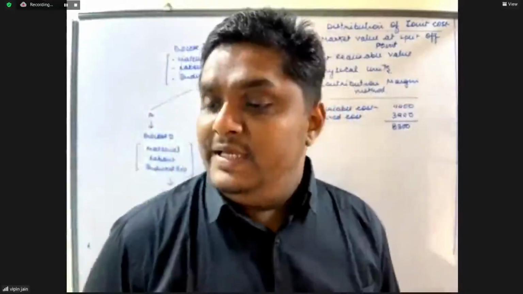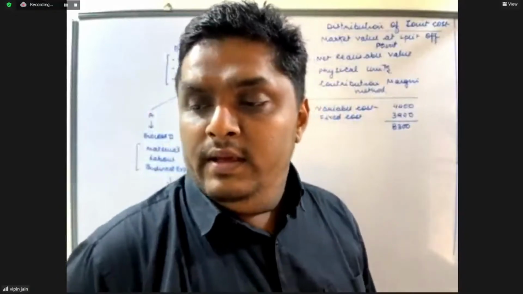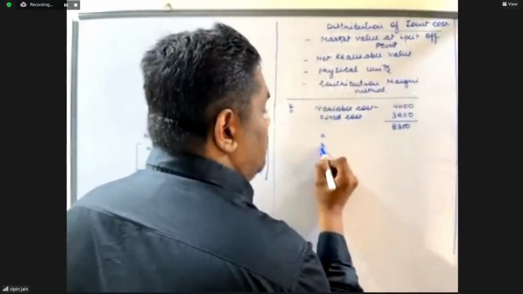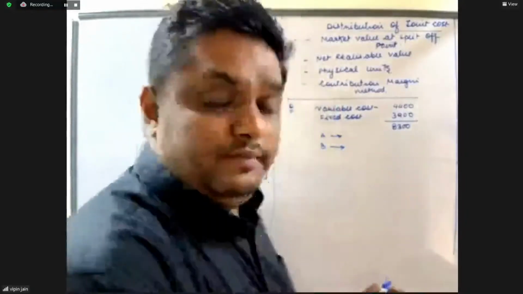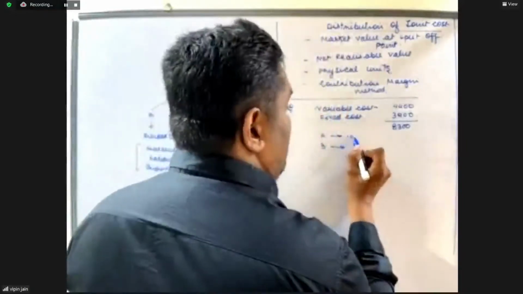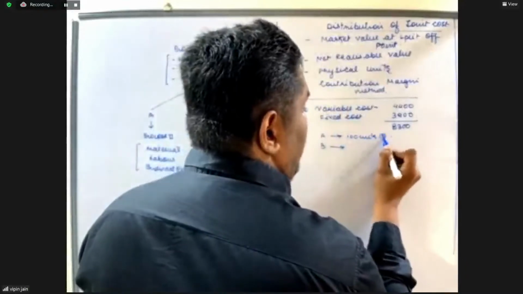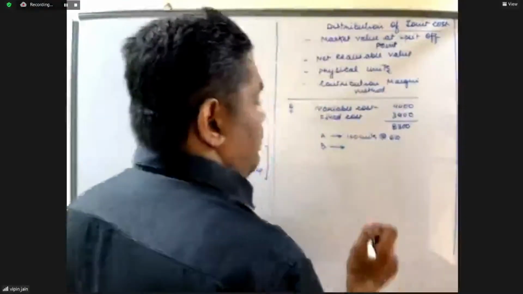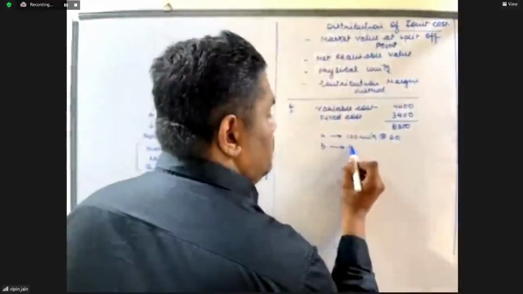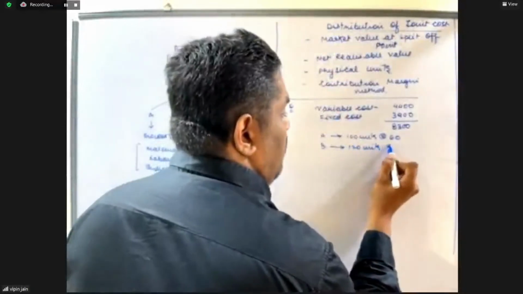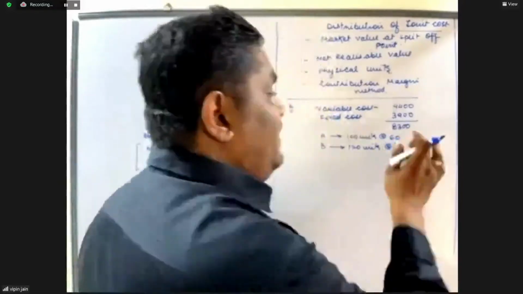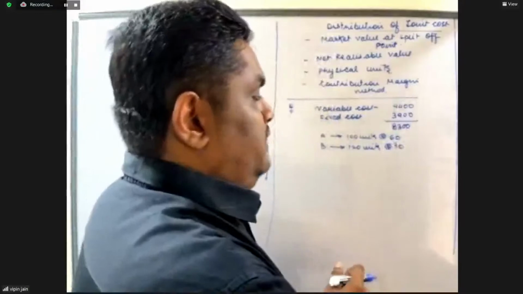Further, the selling price is given: 100 units were sold at the rate of 60 per unit, and 120 units were sold at the rate of 30. Now we have to distribute the joint cost, that is 8,300.